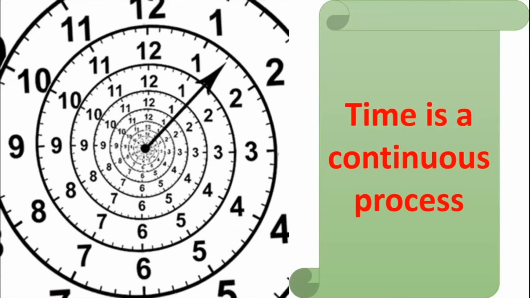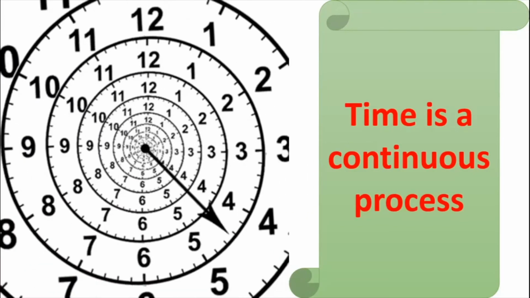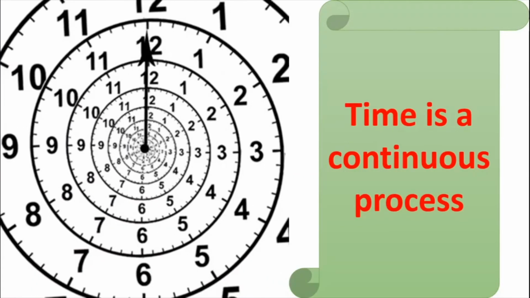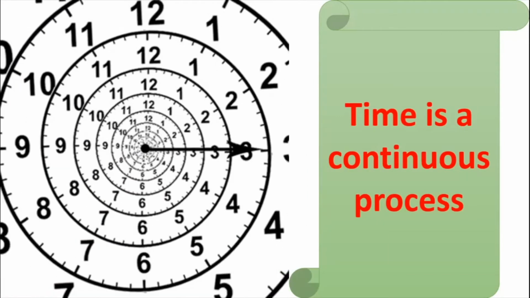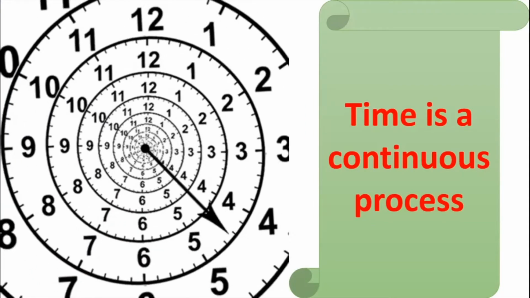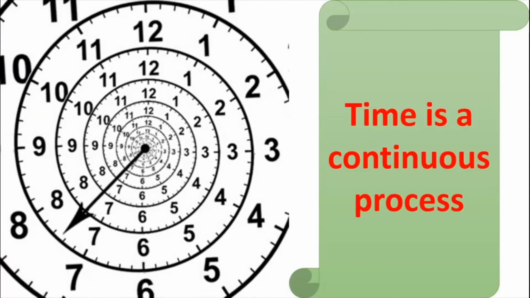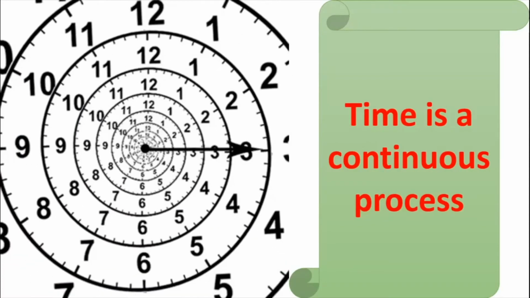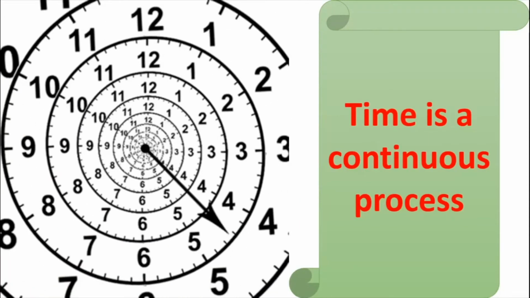So then how do you learn about this time? If it is a continuous process, then how will you put it into divisions? So what we did was we started dividing time to understand time better. Now why do we need to understand time when we are learning about history? Because we understood that history is about the past, isn't it?